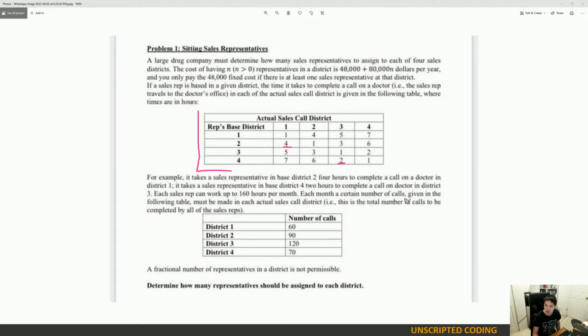Each month, a certain number of calls, given in the following table, must be made in each sales call district, i.e., this is the total number of calls to be completed by all of the sales reps. This chart right here. A fractional number of representatives in a district is not permissible. Determine how many representatives should be assigned to each district.